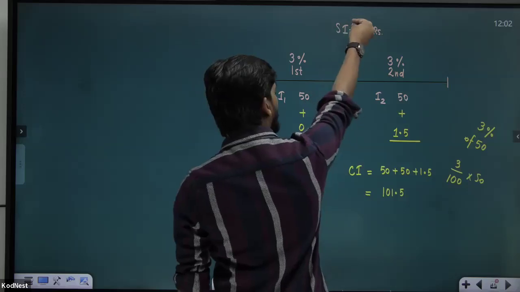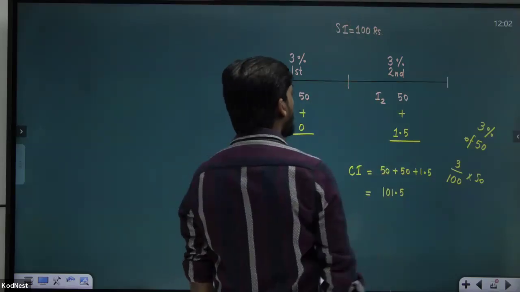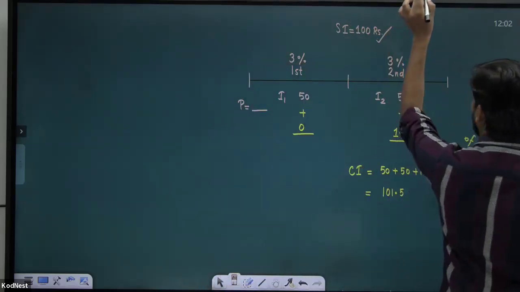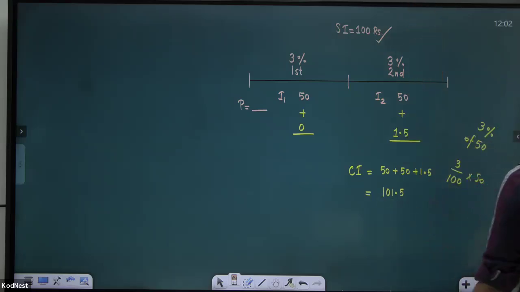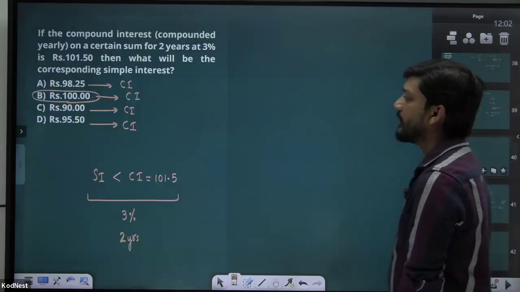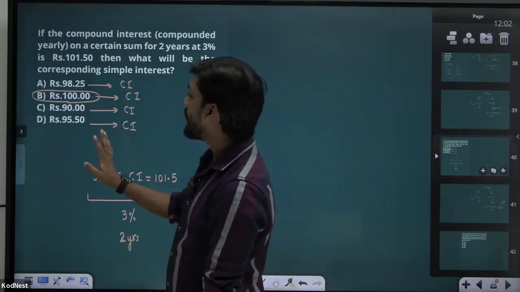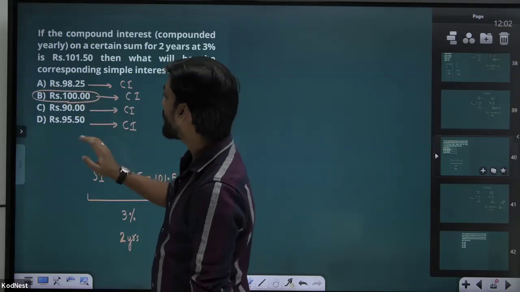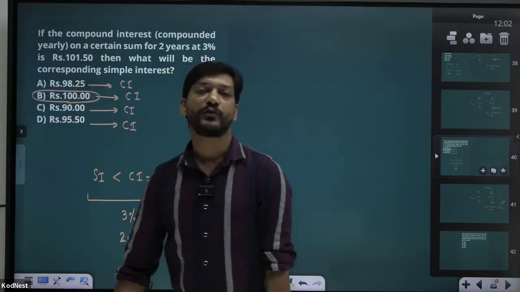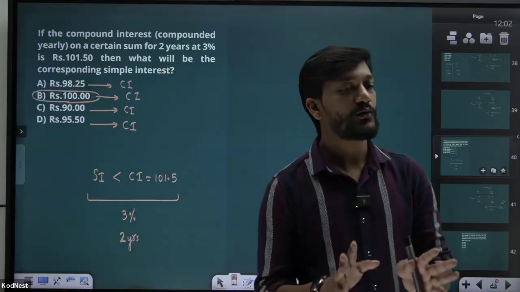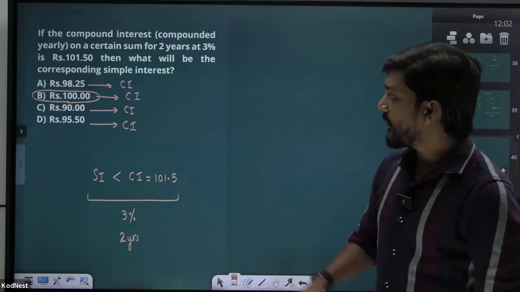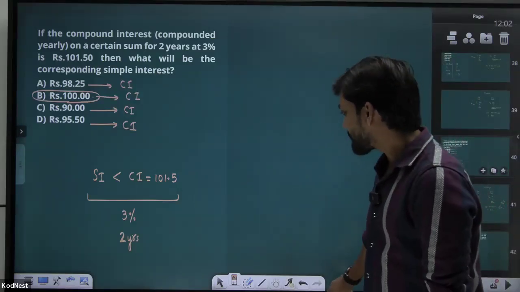If 100 gives me 101.5, I will say the option is correct. If not, I will go to the next option. For the next option, I will not take 90 or 95.5; I will take 98.25 because it is closest. But anyway, we have got our answer.